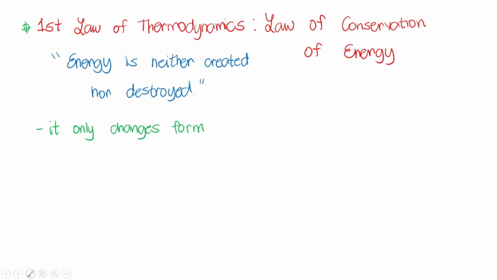So, para mas madali nating matandaan, di ba, inaral natin kanina yung energy balance equation. Let's write it here. The energy balance equation is the summation of all the energy entering our system minus the summation of all the energy leaving our system. And that the difference of the energy entering and the energy leaving is equal to the net change in total energy.